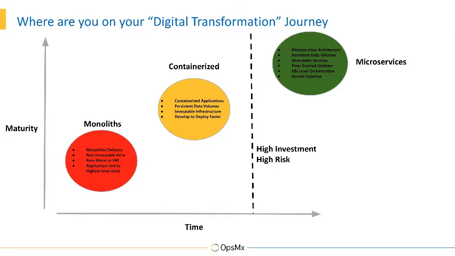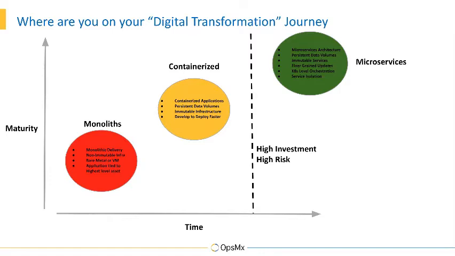And when you start to try and figure out how to go from pure containerized applications to that microservices architecture to really take advantage of the Kubernetes platform, it's again a high risk, high investment type of scenario, because it oftentimes involves a re-architecture of your application. And that begs the question, what value am I getting, and what's the opportunity cost associated with that? Where I'm at today is a place where I'm comfortable.